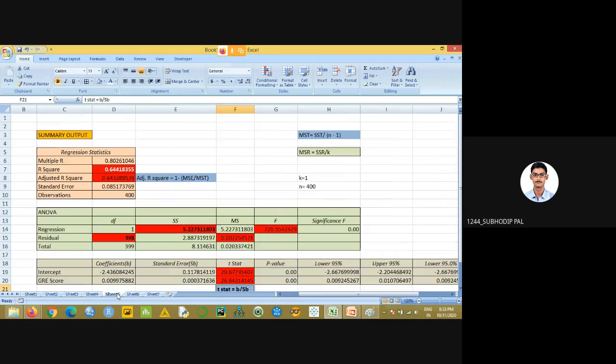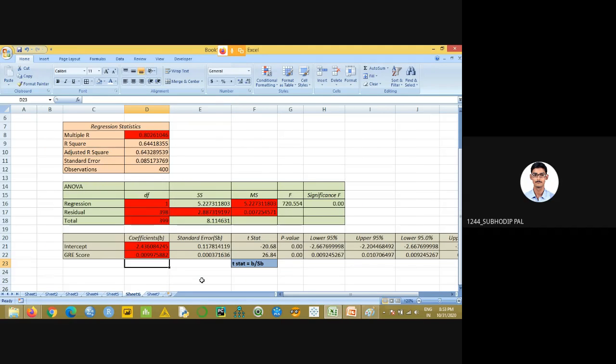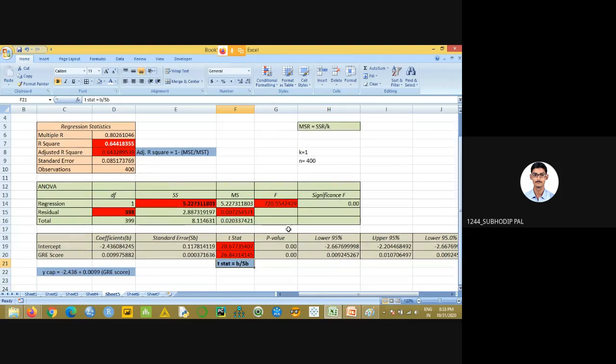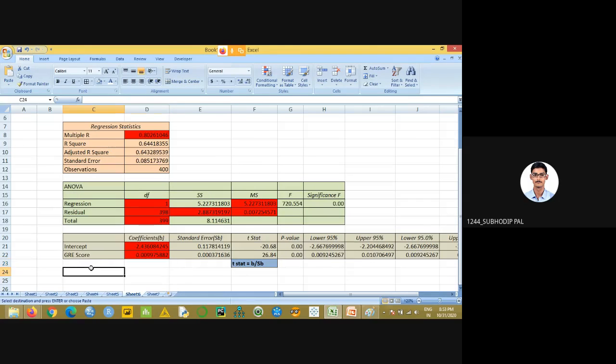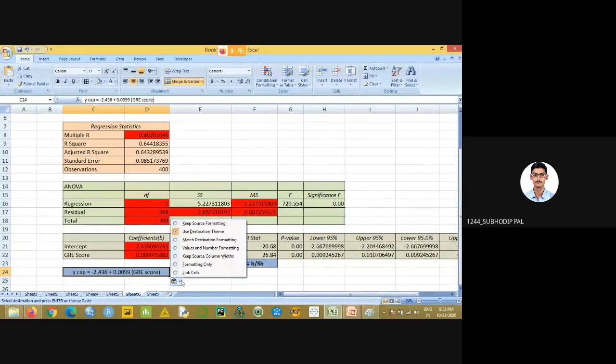Let me check the value. Yeah, correct. Now I can easily write the regression equation.